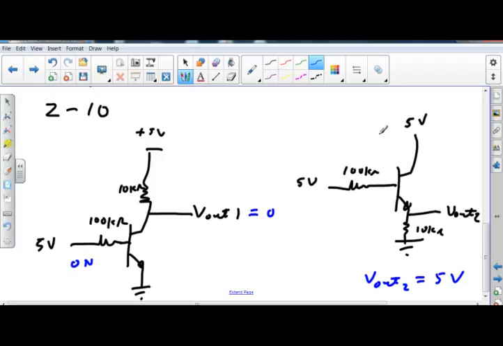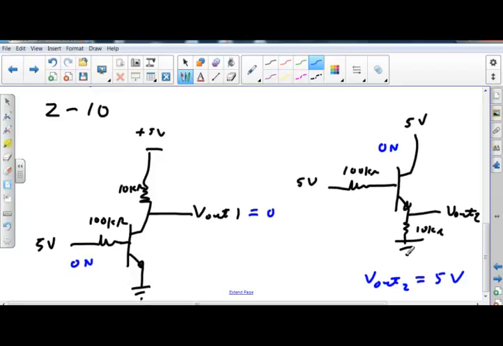Okay. Why is that one 5 and the other one 0? Because this guy's on, my V out is connected directly to my ground. It's at 0 volts. Here, I'm on. I'm still on, right? But now my voltage is going to be at 5 volts there, and I'm going to drop the 5 volts across the 10 ohm resistor.